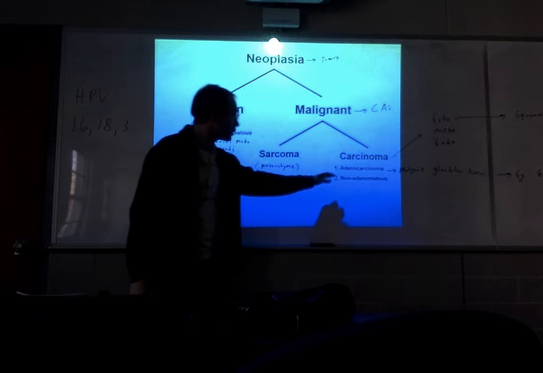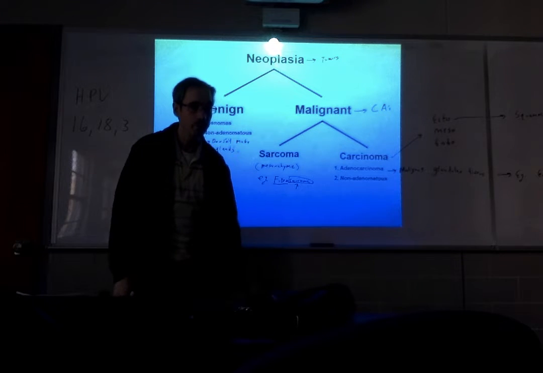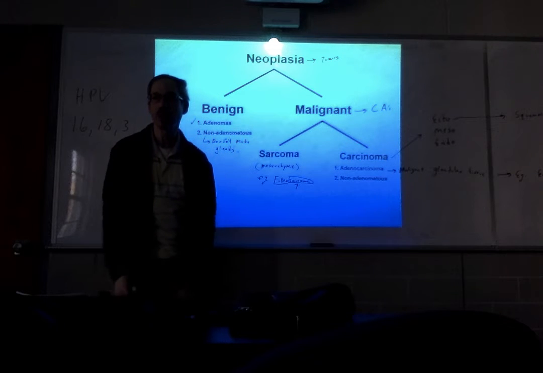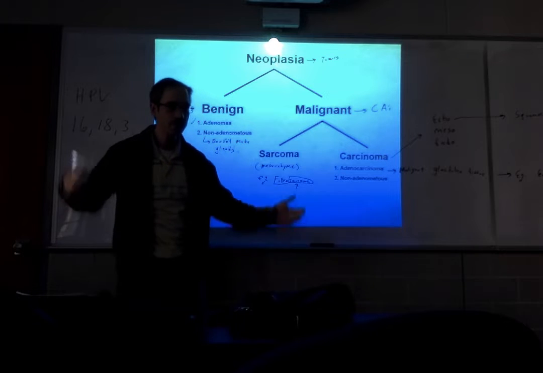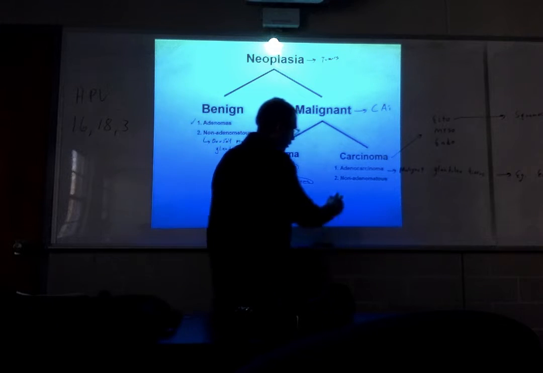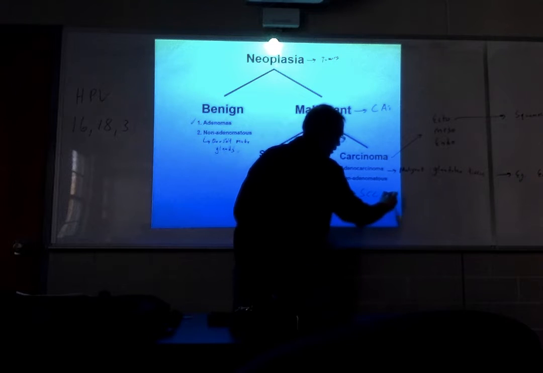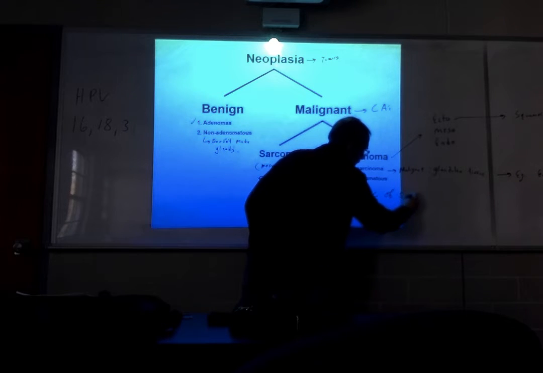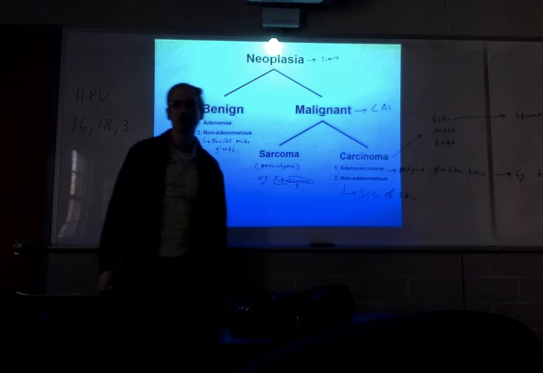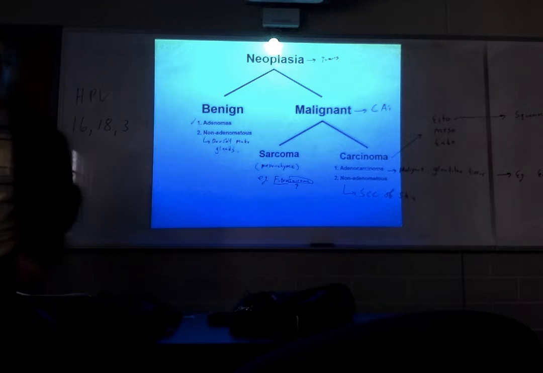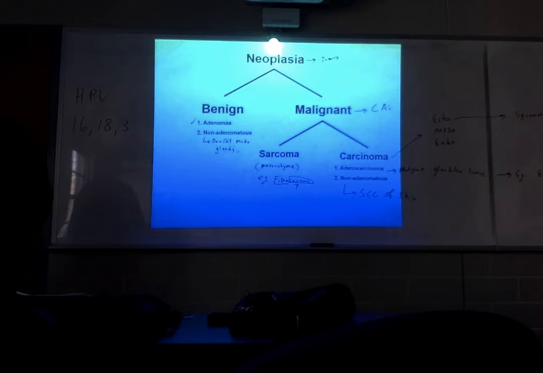In other instances, carcinomas don't make glands as they grow. They just grow as big sheets of cells. Again, no resemblance of glands at all. A good example might be a squamous cell carcinoma of the skin. Squamous cell carcinoma of the skin doesn't make glands as it grows. It just makes big sheets of nasty-looking squamous cells.